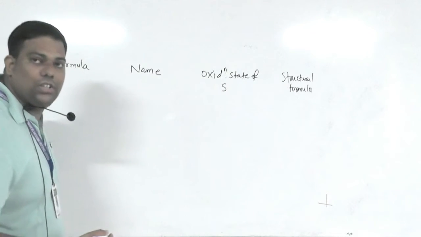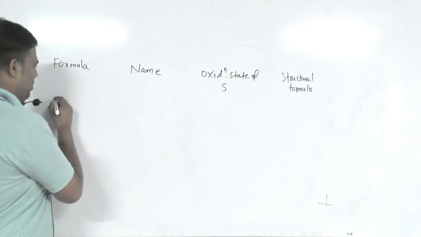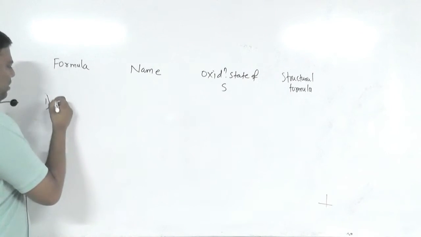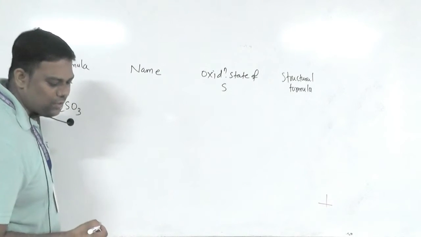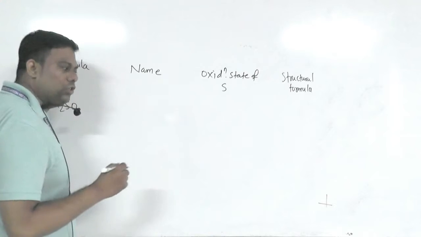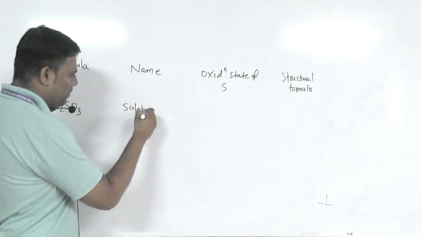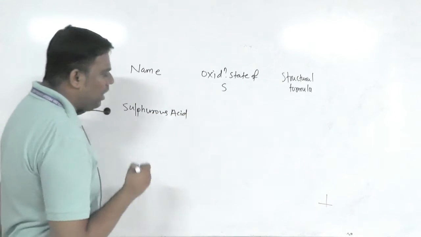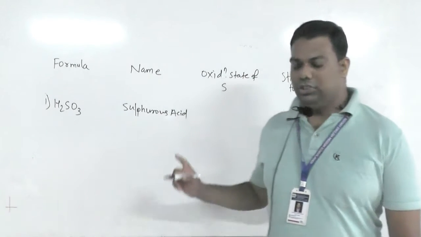First we will discuss H2SO3. What, beta? H2SO3. So concentrate on this first. Now H2SO3, what will be the name? Yes, sulfurous acid. What will be the oxidation state of sulfur in this sulfurous acid?